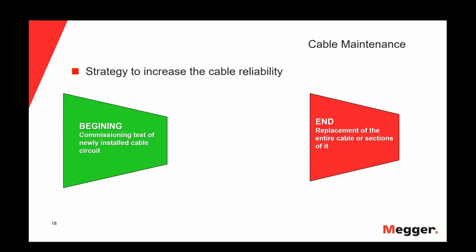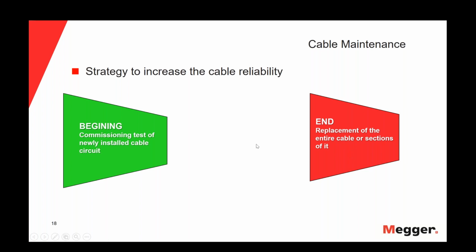Once we know that, we can, as I said, design the strategy to increase the cable reliability, and it all will start with the commissioning test of newly installed cable circuits, and will end with the replacement of the entire cable or sections of it.